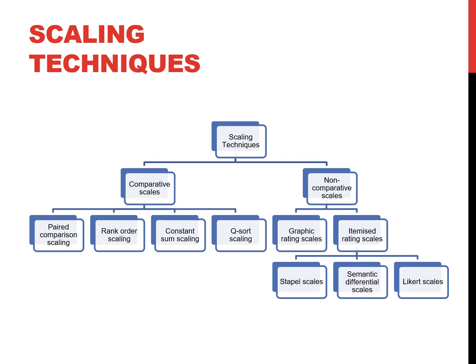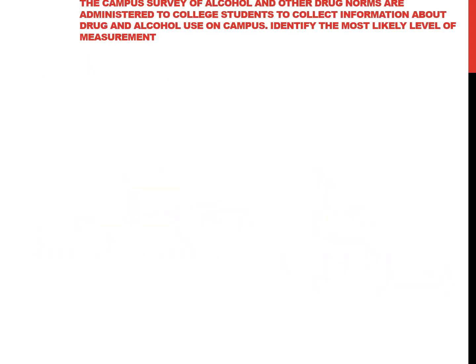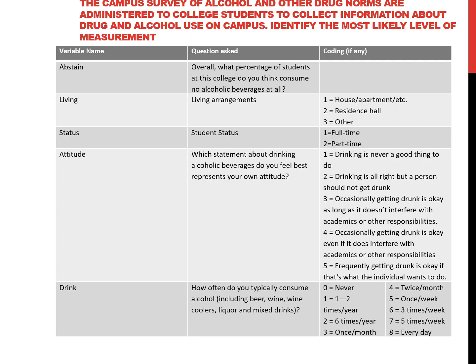So that's really the types of measurement scales that we can use. How we actually go about collecting that data, we're going to deal with in the next section. But before we get there, I want you to have a look at this questionnaire and consider the type of data that they are collecting there.